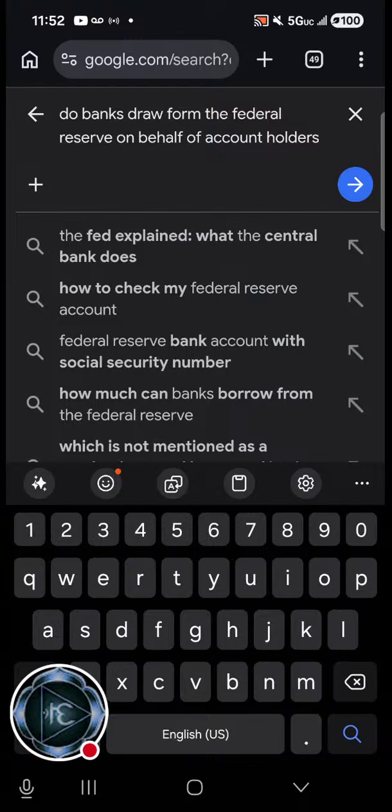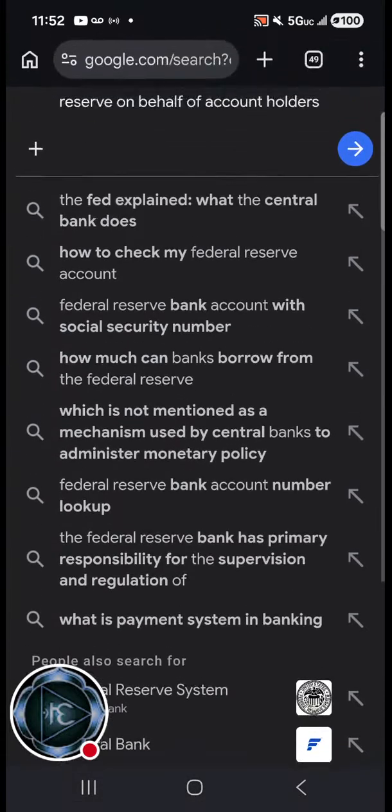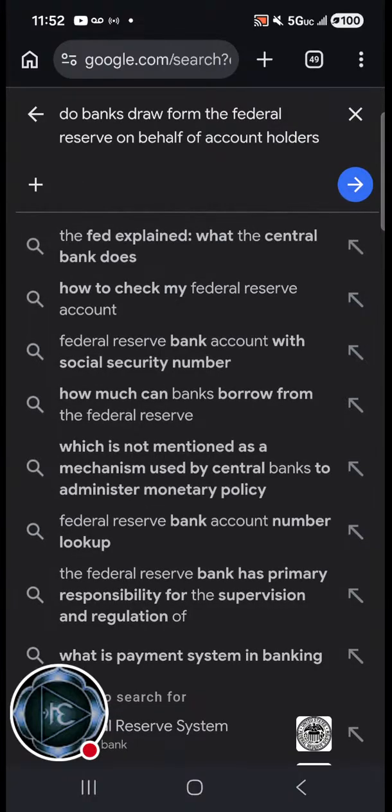The question that I had to ask in order to get the correct answer, or to validate, was not how can I check my Federal Reserve account. I didn't put that on there. That's something they're suggesting that I ask, or perhaps it's a question that's been commonly asked. And that goes to my point. How you ask the question matters.